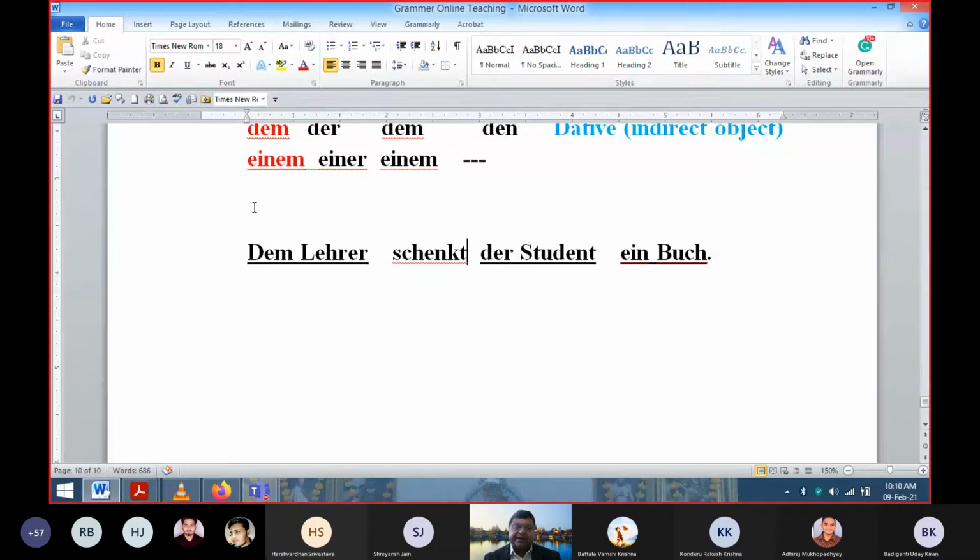This is the standard sentence indicating subject and two objects. One is direct and the other indirect object. In simpler terms, as I explained, by questioning you get the subject. If you ask who presents, the student presents, so the student is the subject.